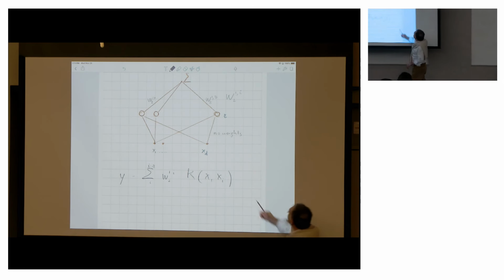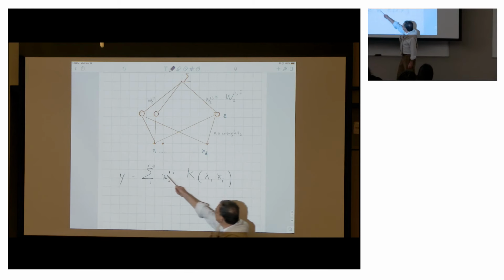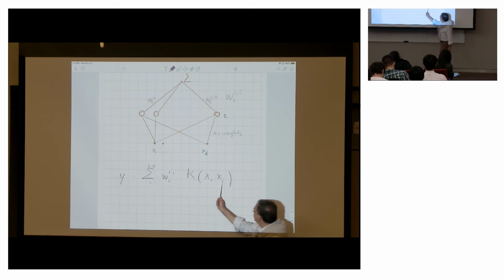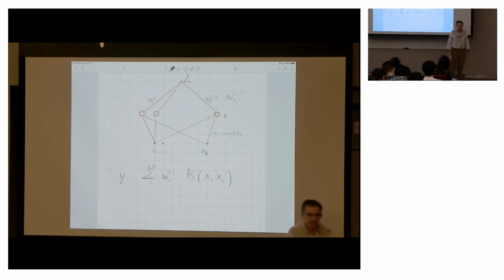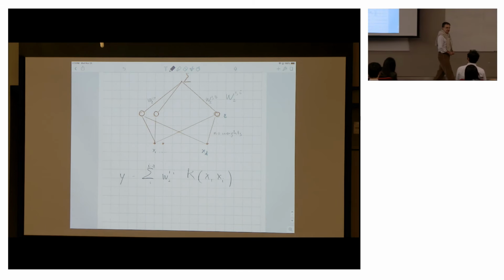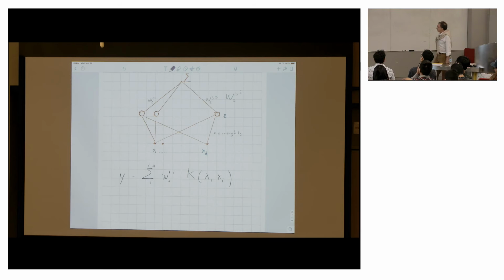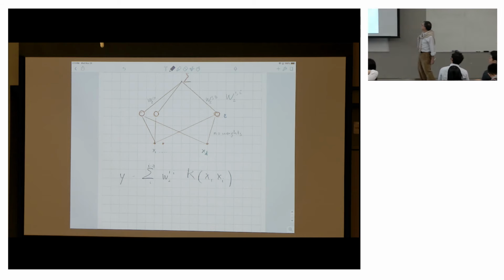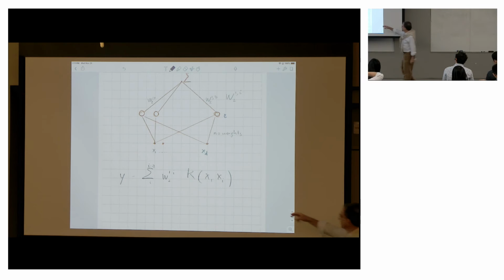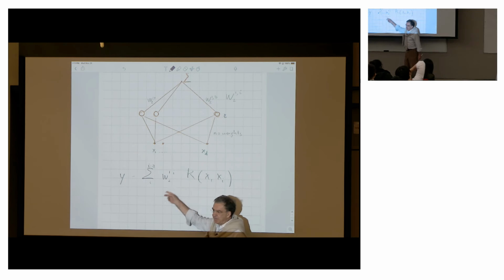And each of the R units will contain one of the examples in the training set. Okay, so there are no weights in the very first step, going from the input to the first layer, and then these are the weights of the linear combination.